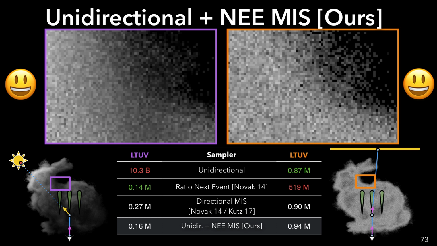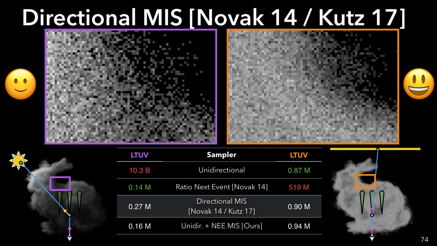We do, however, perform slightly worse in the right scene, since ratio tracking is incurring lookups without contributing much to variance reduction. And flipping between directional MIS and our method, we can see that our approach provides a more robust estimator overall.